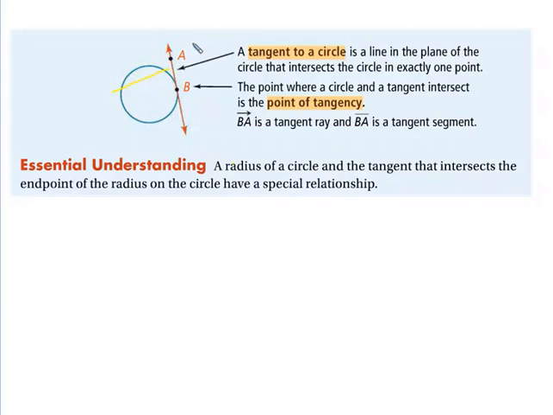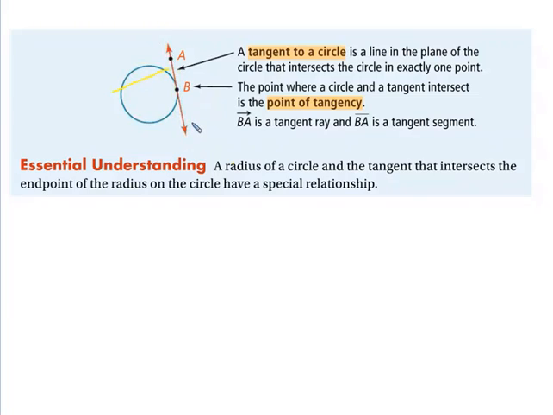So it's important that you know that a tangent will only touch the circle at the one point, and that is then called the point of tangency. Okay? And a tangent can be a line, as I have here, that extends both directions indefinitely. A tangent could also be a ray. Maybe it only starts at B and goes out toward A, and we don't even see the rest of it.